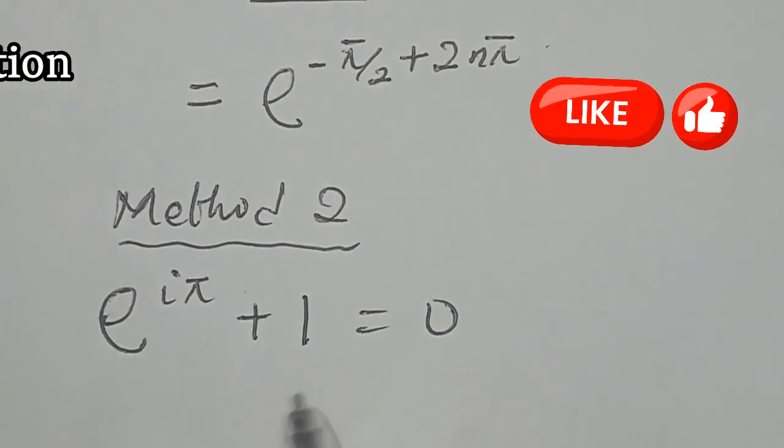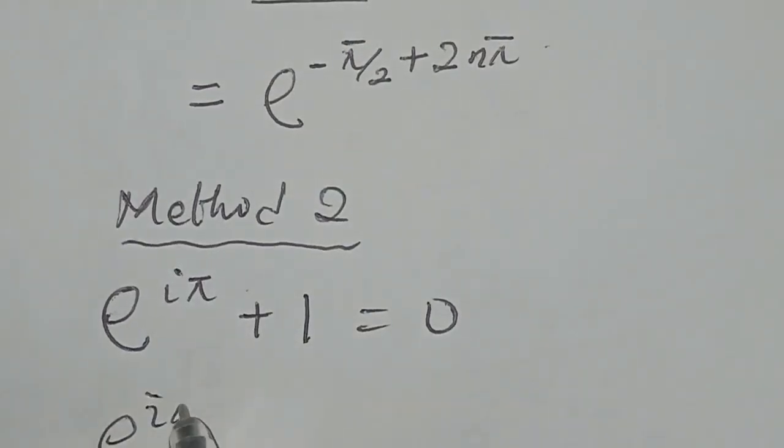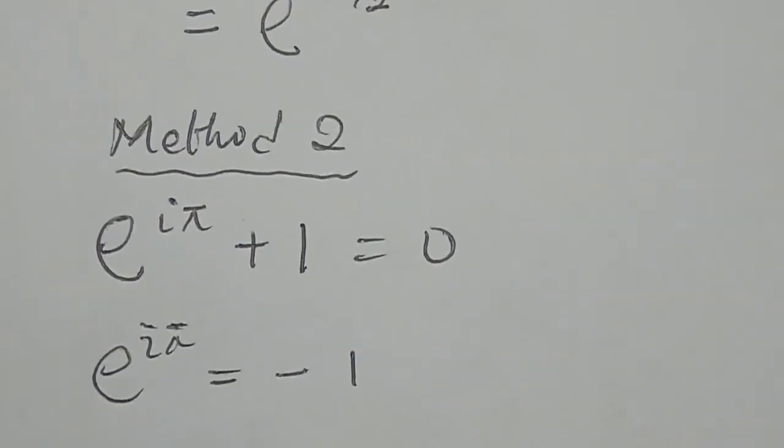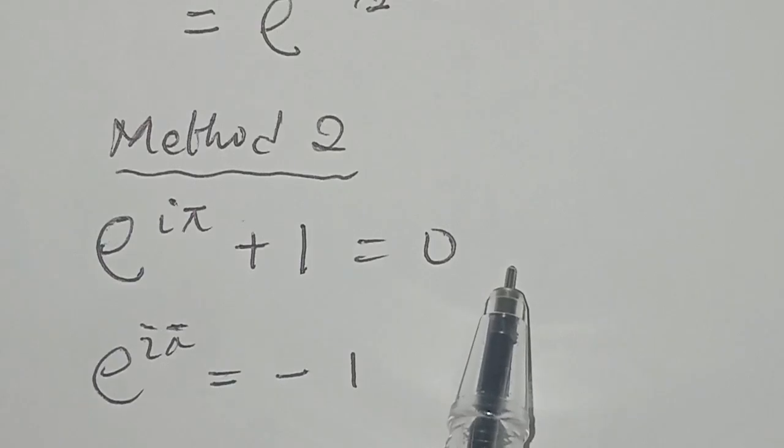From here we have that e to the power of i pi is equal to minus 1, that is, if we move this minus 1 to the right hand side.